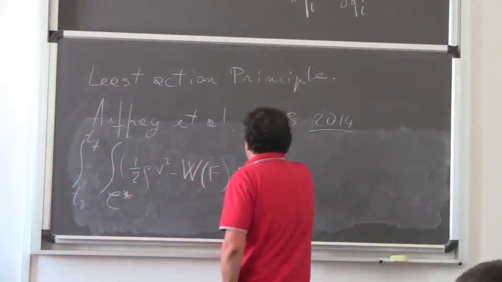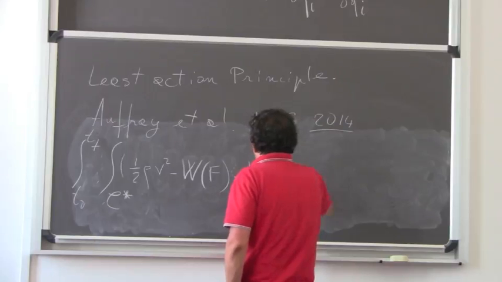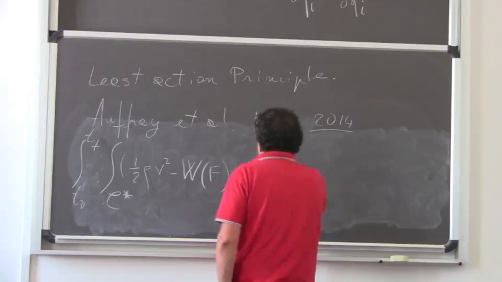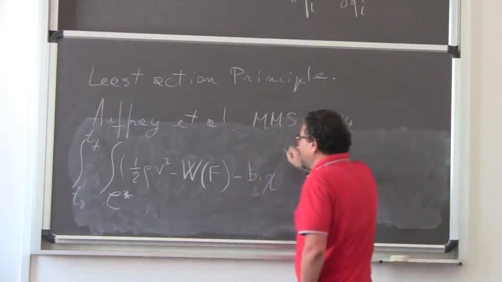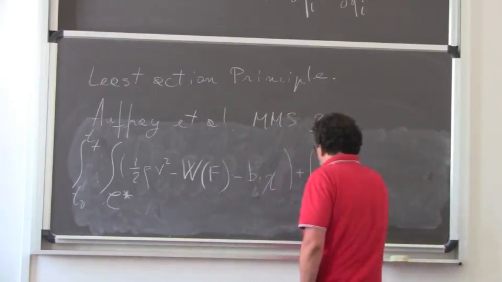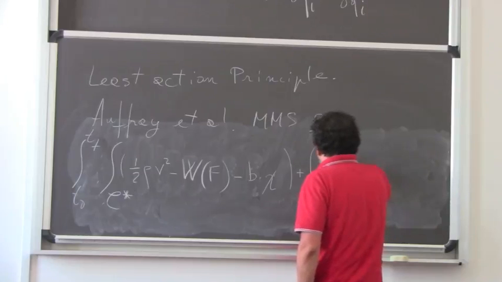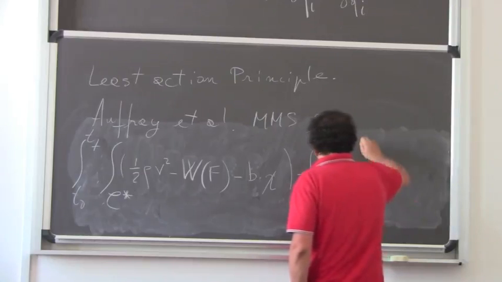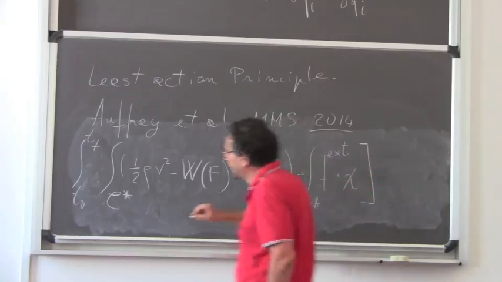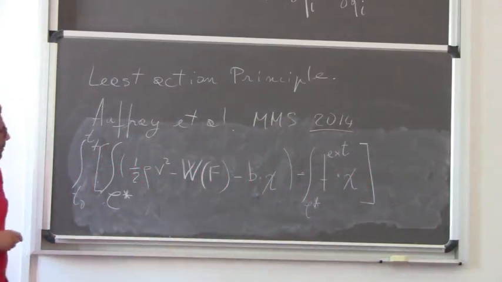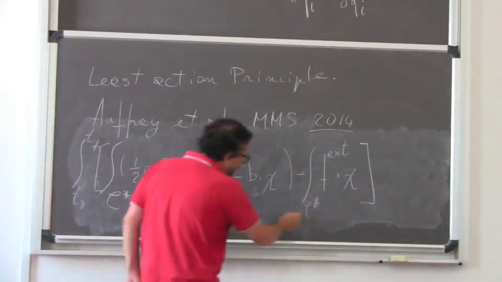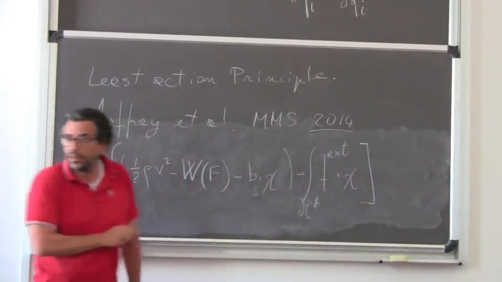Then you have minus B dot chi if you have volume forces B. And then you have plus the integral over the boundary of C of minus F external dot chi. I said boundary and I didn't write it.